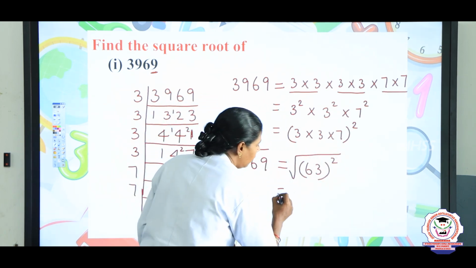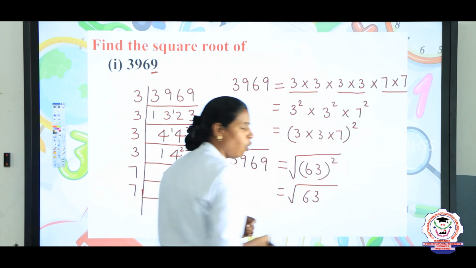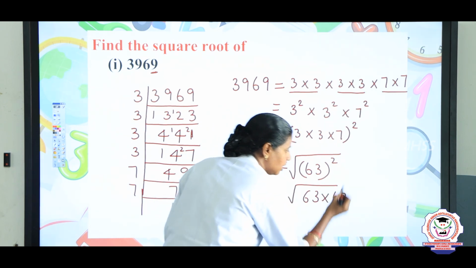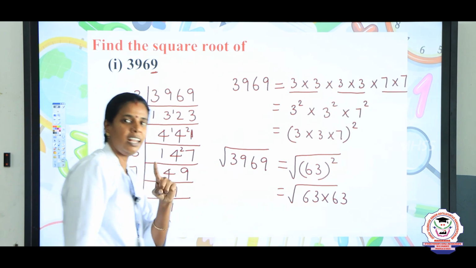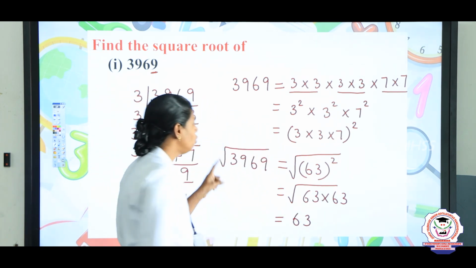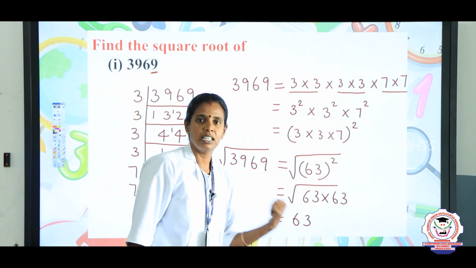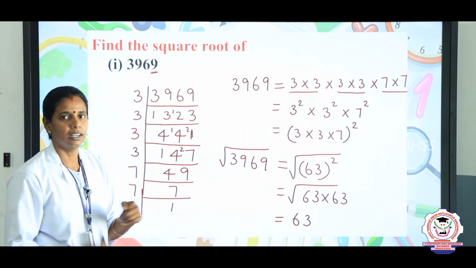So the square root of 63 squared, how can we write it? 63 into 63. Inside the square root, if it is written twice, then we can write it once as 63. Therefore the square root of 3969 is 63, children. Likewise, we can use the prime factorization method.